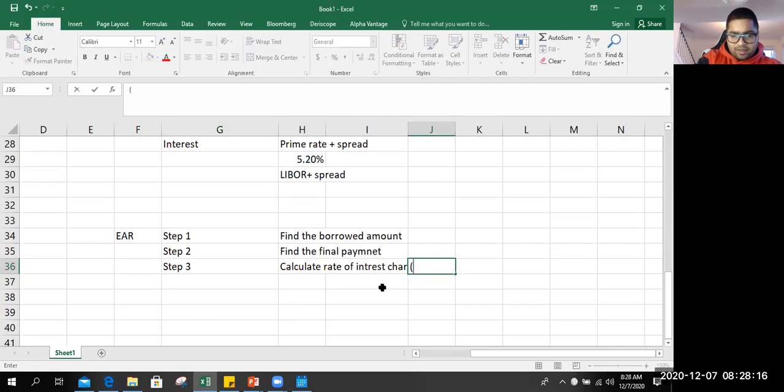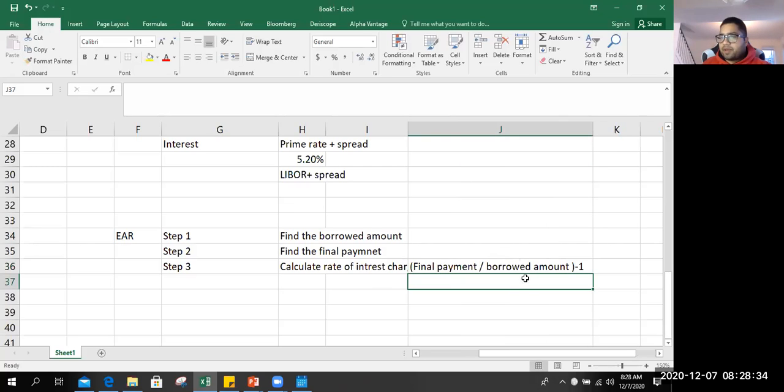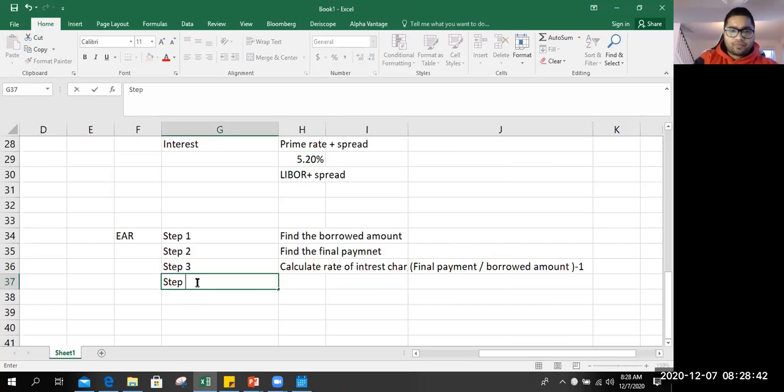How to do that? It will be final payment divided by borrowed amount minus 1. Okay, that's the formula: final payment divided by borrowed amount minus 1. This was step 3. Step 4, calculate the effective annual rate.